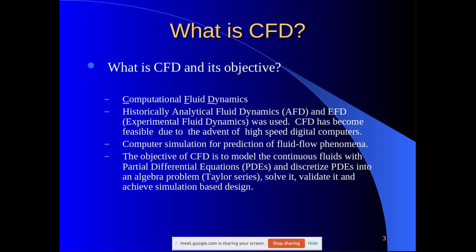So if you want to do a crash test 100 times, you need to crash 100 cars. You need to destroy them. So that is another limitation with experiments. But in simulation, that's not the case. If you simulate a car crash, you can crash it 1,000 times without that much cost.